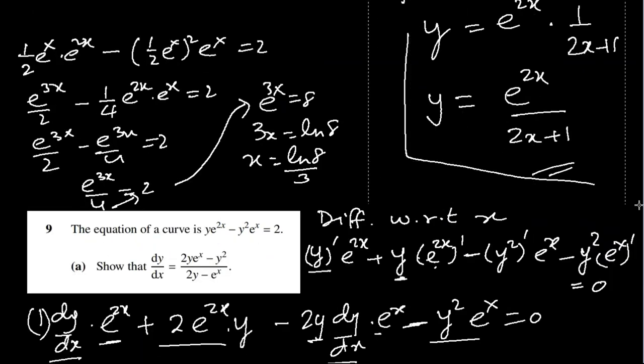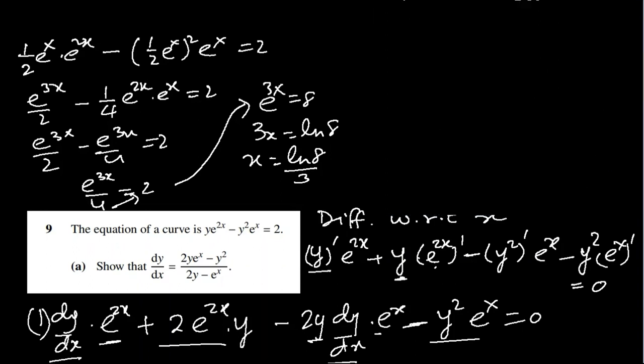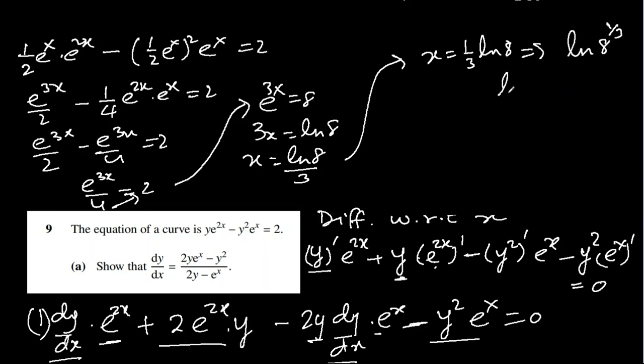Let me make some space for this here so that we can get the exact value. So this can be written as x equal to 1 over 3 ln 8, or this can be written as ln 8 to the power 1/3, which is cube root. That becomes ln 2. That is the x coordinate.